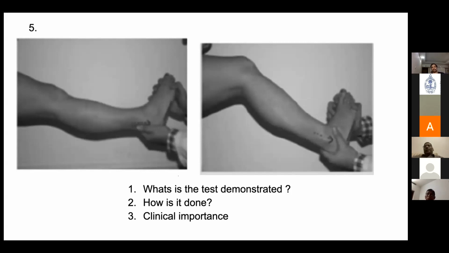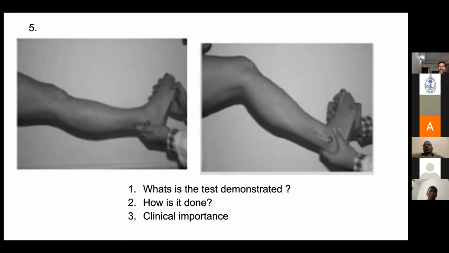How is it done? It is given in the pictures. Can you elaborate, by looking at the pictures, how it is being done? First ankle dorsiflexion is done in extension of the knee joint, and then flex the knee joint, and then if it is further we can dorsiflex, the tightness will be there in the medial gastrocnemius.